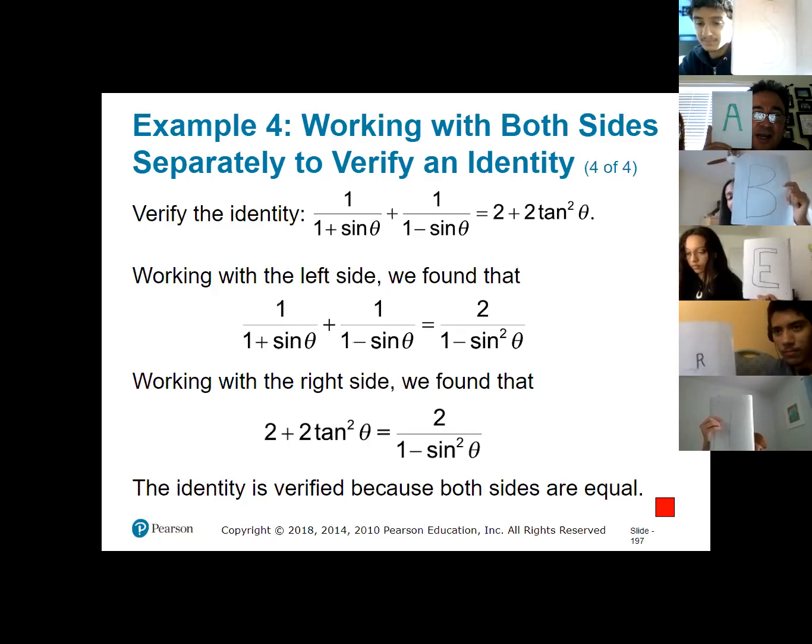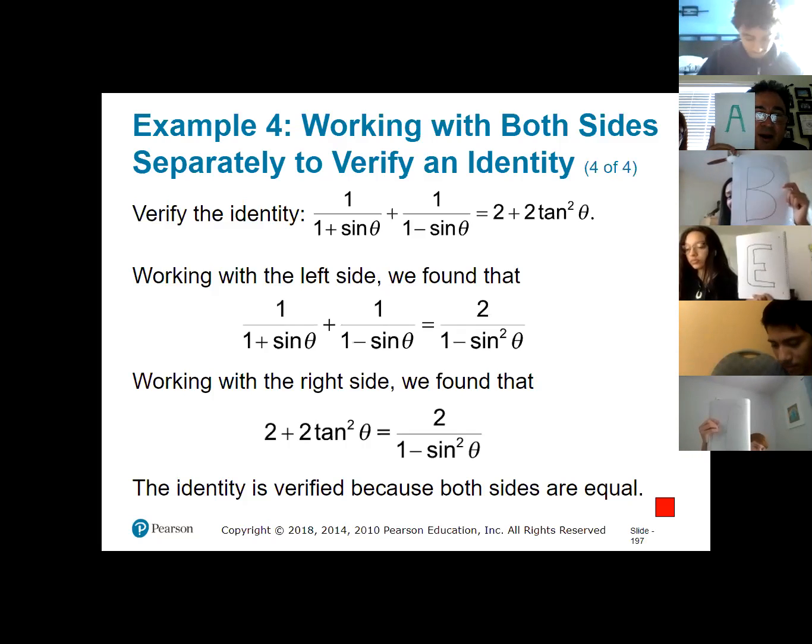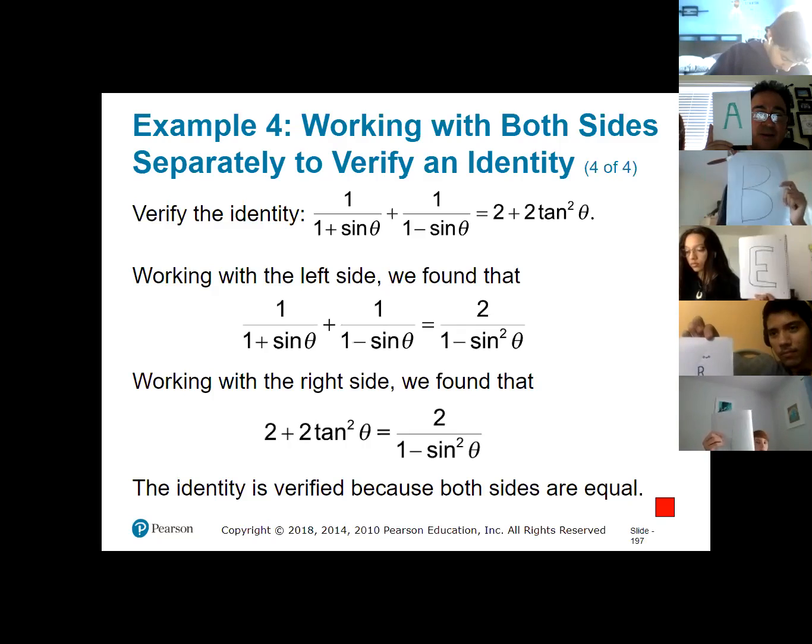Talia, yours is not up. I forgot my letter. Is it R? You're an R. But it's got to be dark so you can see it on the camera. Talia, you're going to change to an E. Sorry.